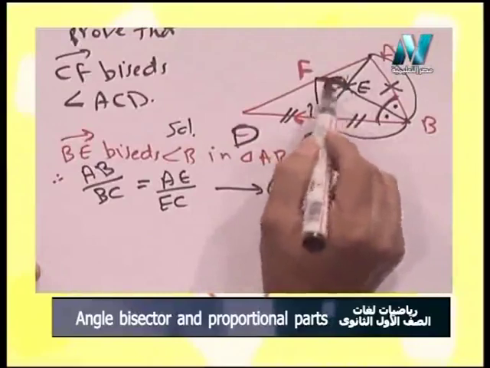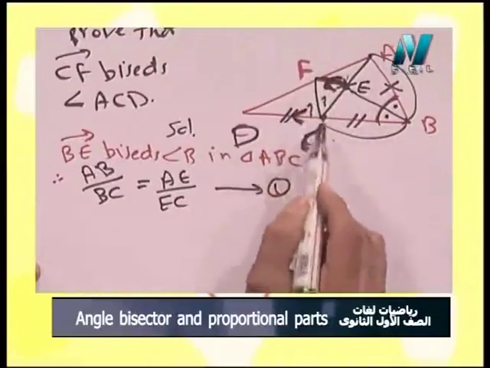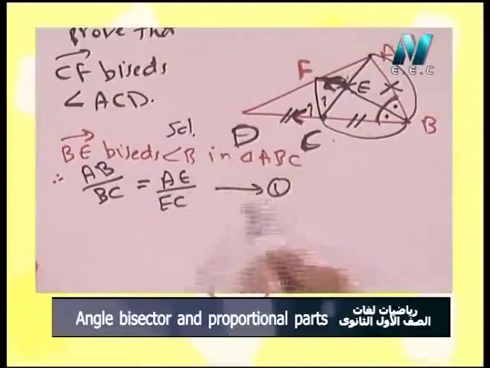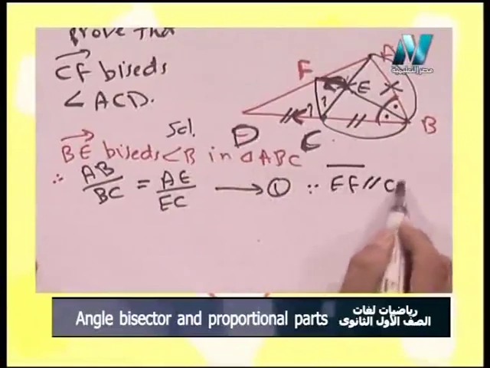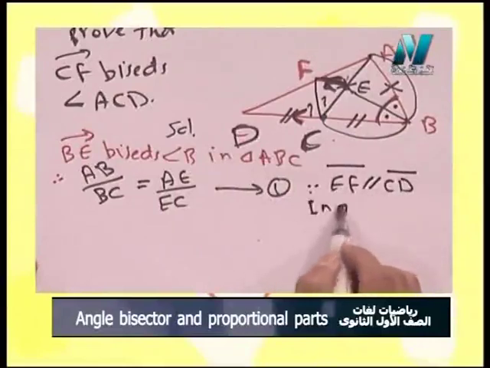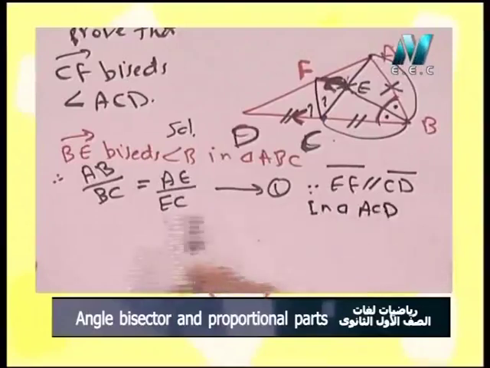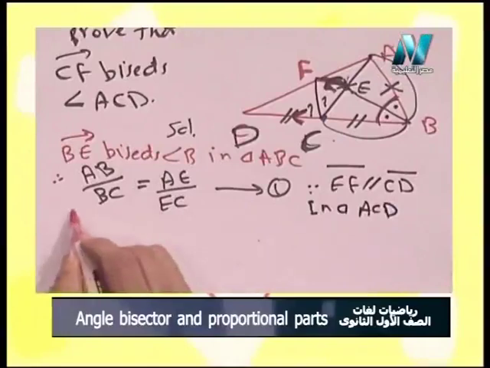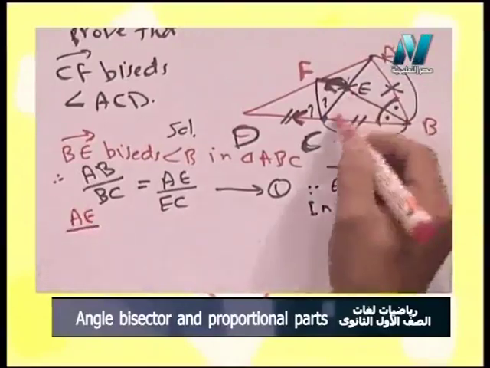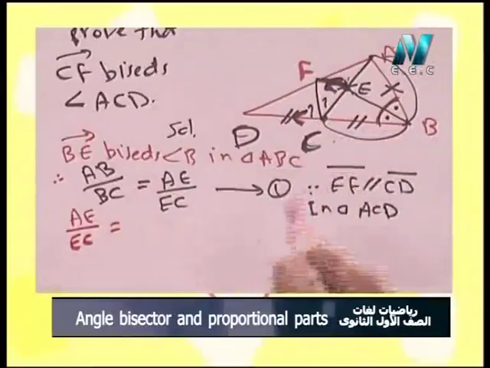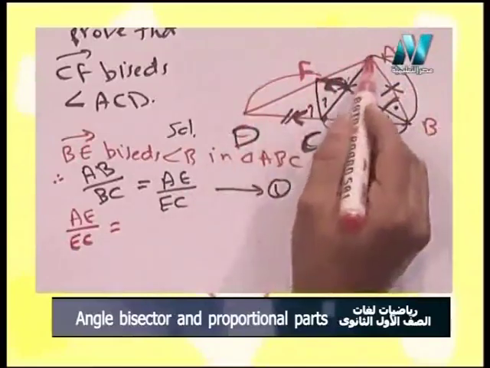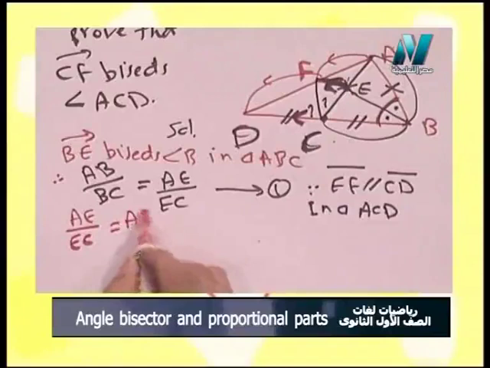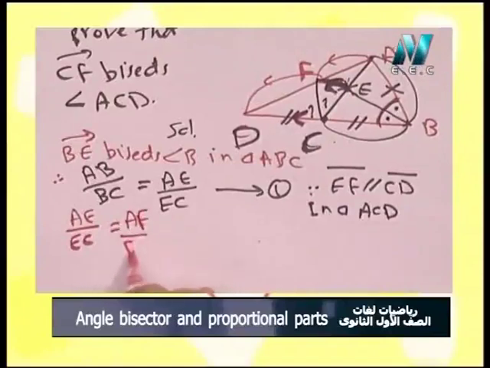And we will transfer to this is E and this is EF parallel to CD in triangle ACD. We say that since EF is parallel to CD in triangle ACD, we will get AE over EC, from parallel, equals AF over FD.